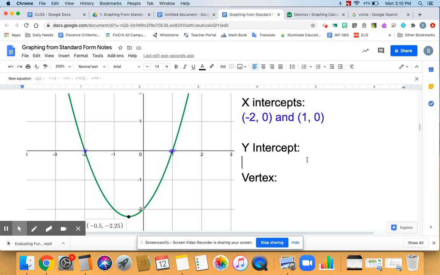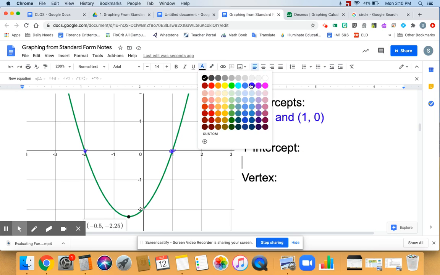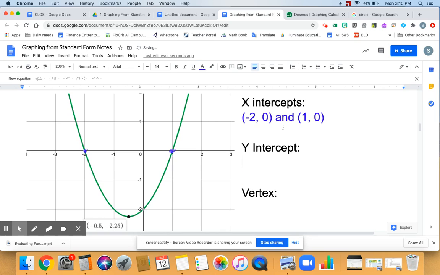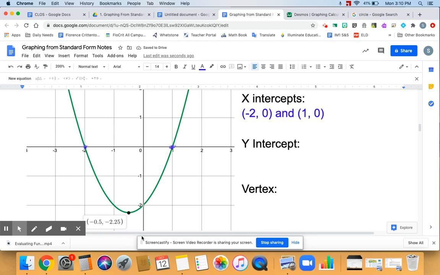The y-intercept is where it crosses y. So where does the graph cross this up and down y-axis? If you look, it's crossing right here at -2. But to write this point, what's the x of that point? The x is 0. Because remember, x is how far left or right.